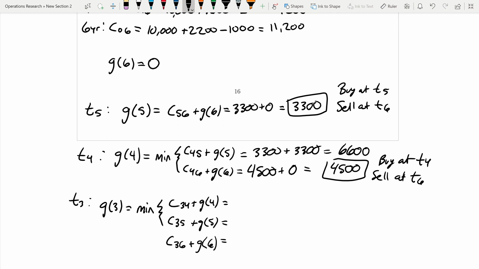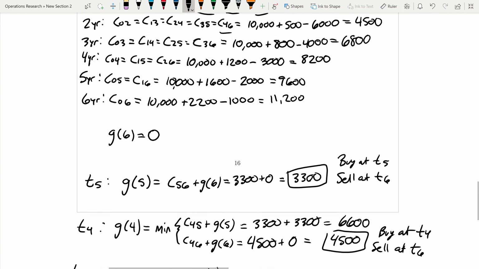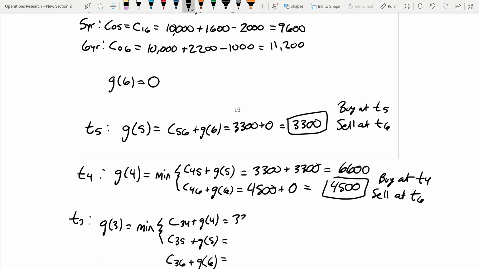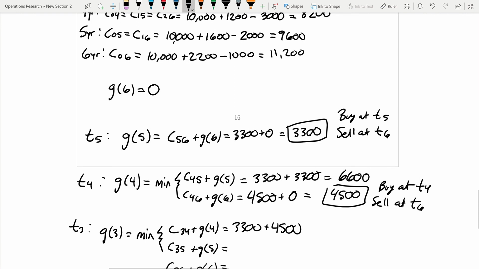And then again, the cost from going 3 to 4 is 3,300 plus G of 4 is 4,500, we said. 3 to 5 is going to be 4,500 plus G of 5, which is just 3,300.